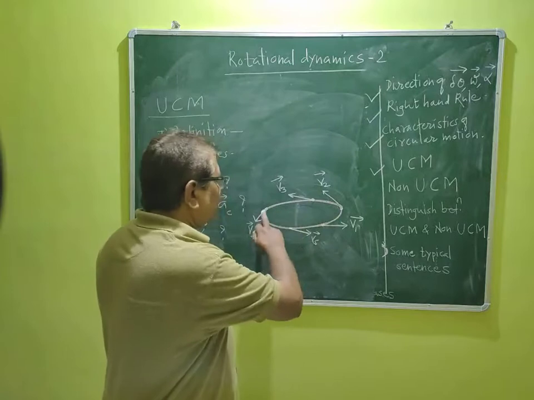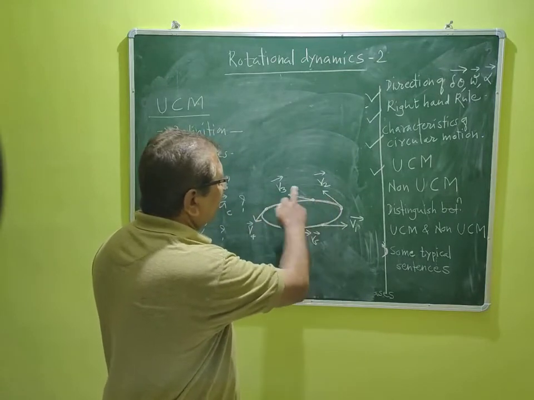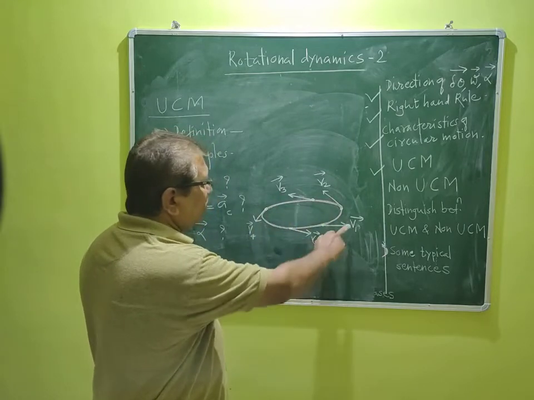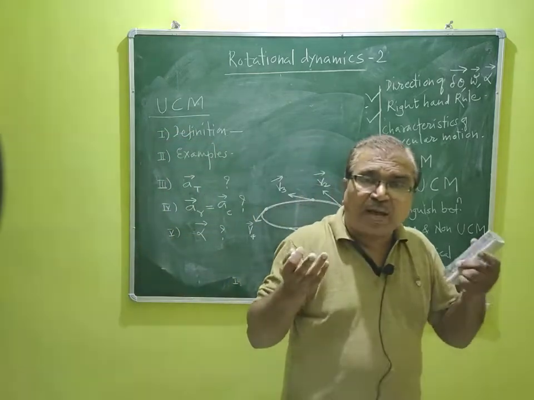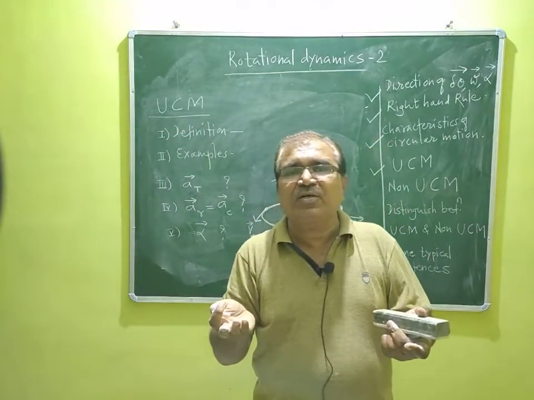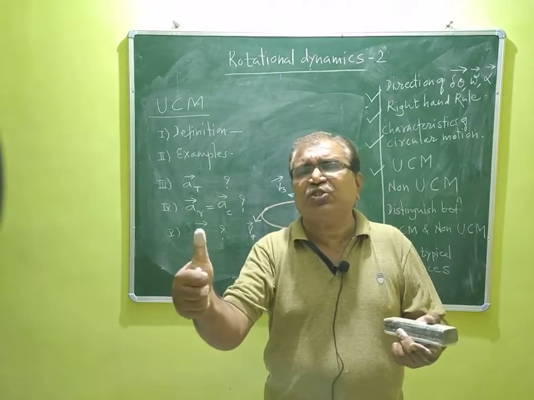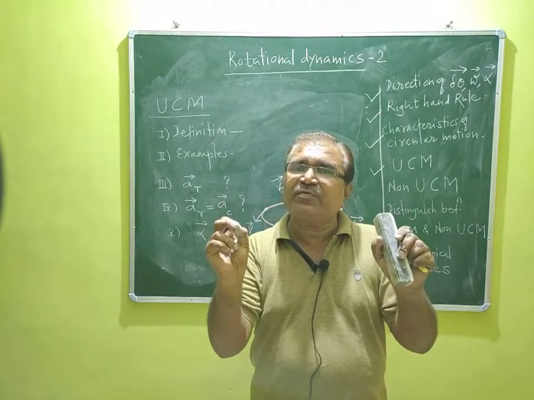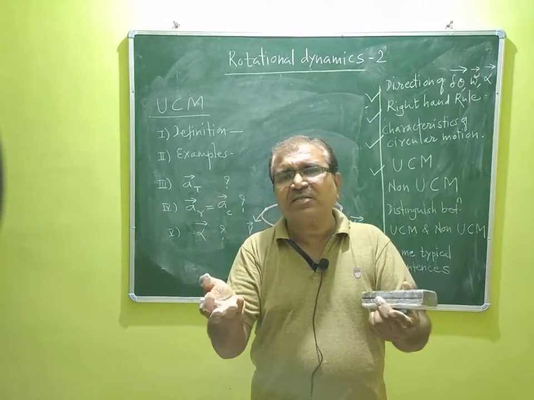If the motion is uniform, though the direction of linear velocity changes, its magnitude in each and every case remains constant. And if the magnitude of the linear velocity remains constant, then tangential acceleration is zero. No tangential acceleration, because magnitude of the linear velocity in uniform circular motion is constant.